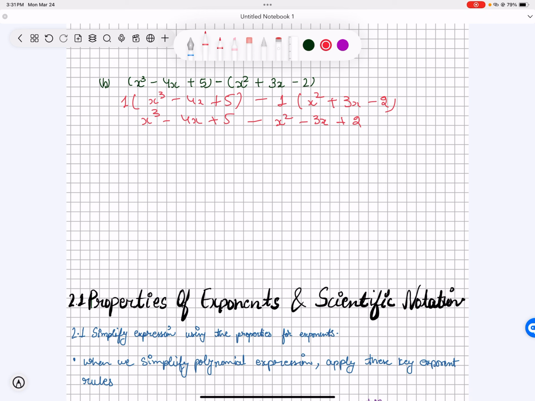There's no similar term for 3x, so we're going to write it as it is, x into 3. And then we have x squared, and then we are going to add 4x minus 4x and minus 3x is 7x minus, and then we have plus 5 plus 2, we get plus 7. That is our final answer.